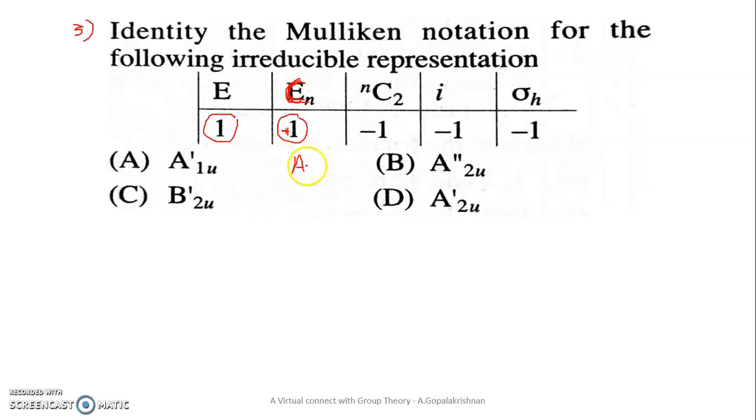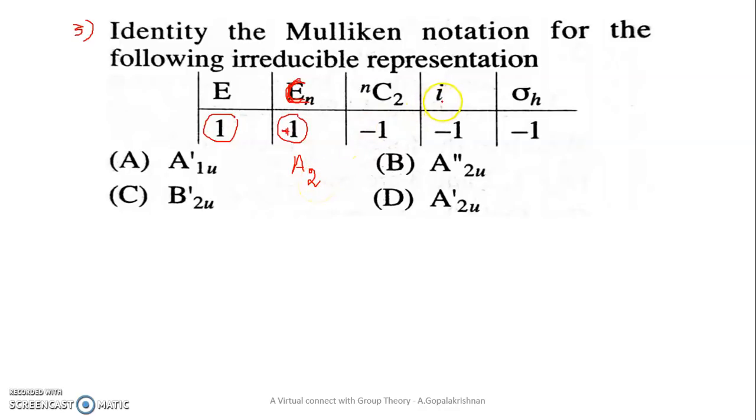So for this irreducible representation, the subscript number should be 2. Then see the C2 axis which is perpendicular to Cn. If the perpendicular C2 has -1 character, then use the subscript 2. If it is +1, use the subscript 1. So in this case it is -1, so the subscript is 2.